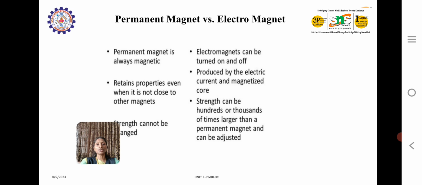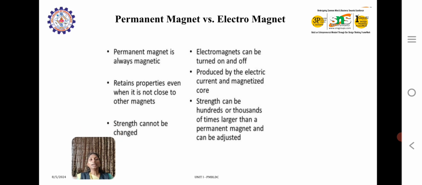What is the difference between a permanent magnet and an electromagnet? A permanent magnet is always magnetic, and electromagnets can be turned on and off. A permanent magnet retains its properties even when it is not close to other magnets, since it is a fixed one. But an electromagnet uses electric current to magnetize a core.